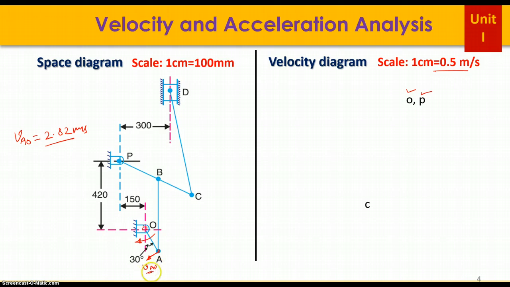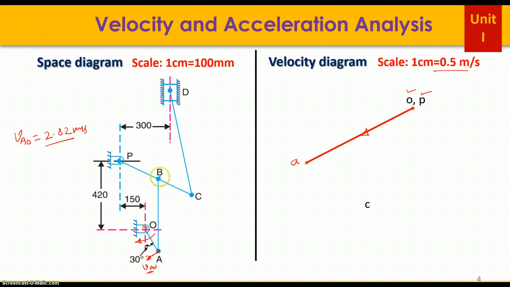You know the magnitude of VAO and you know the direction. With these two pieces of information you can draw the first vector like this. It started from the fixed points O and P and ended here. So this is the first point, A.